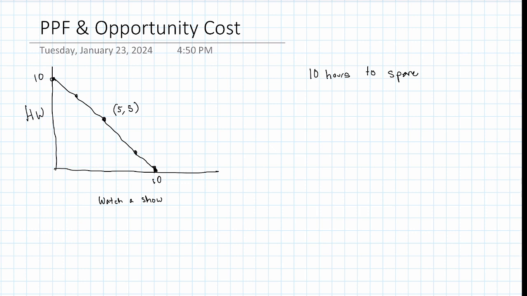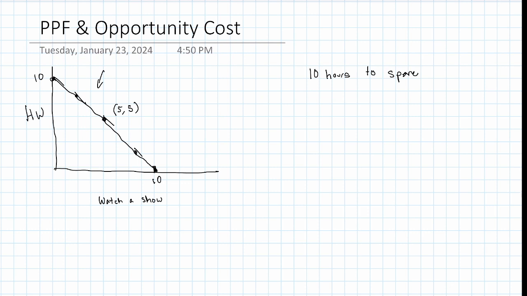The slope of this line is our opportunity cost, and as you can see, this is a straight line. So that means our opportunity cost at every single point stays the same, because if we were to draw a tangent line to each of the points, the slope stays the same.